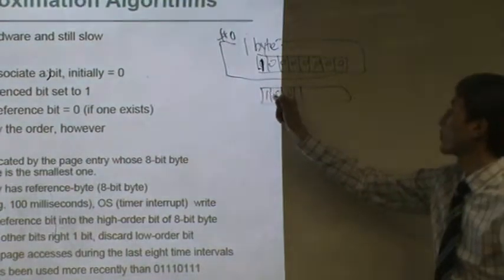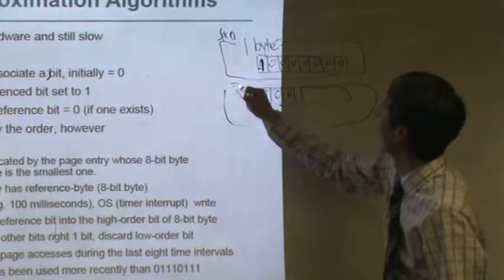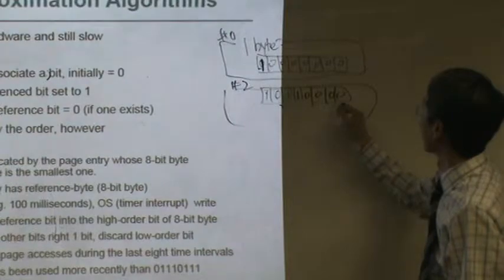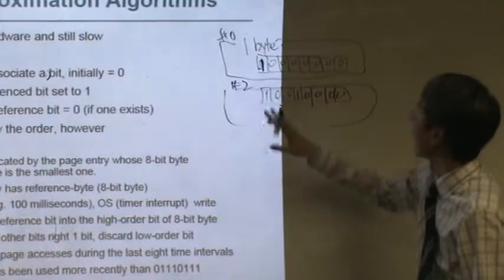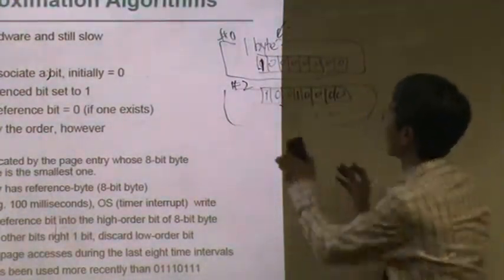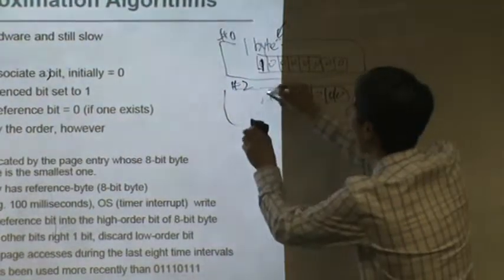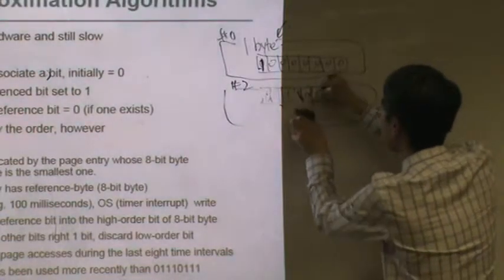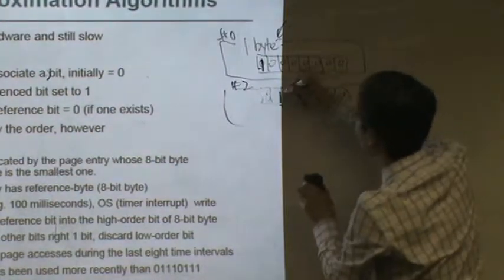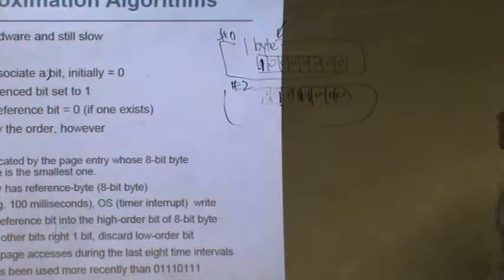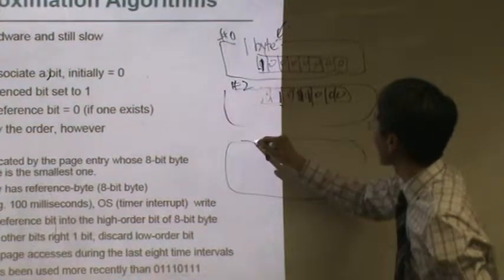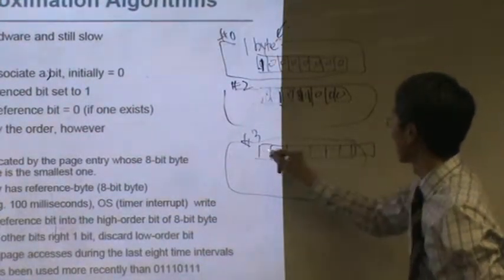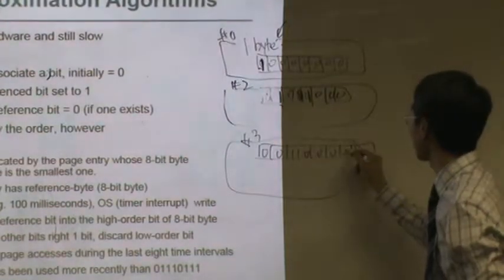For example, 1, 2, 3, 4, 5, 6, 7, 8 bits; after reference, shift right, which gives 0, 1, 0, 0, and so on. For another page, number 3, it was 0, 0, 1, 0, 0, 0, 0, 0.